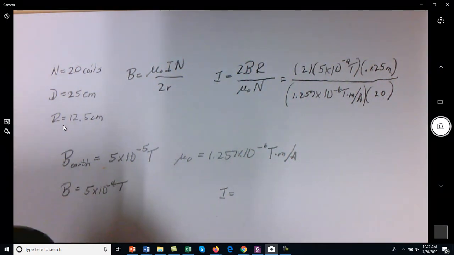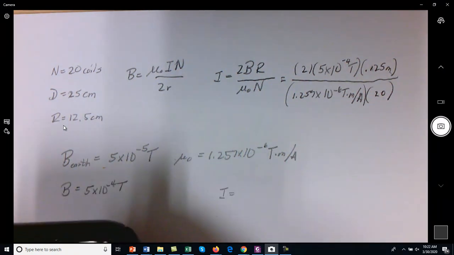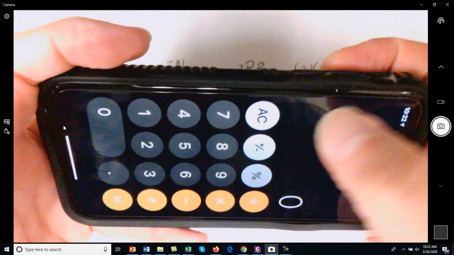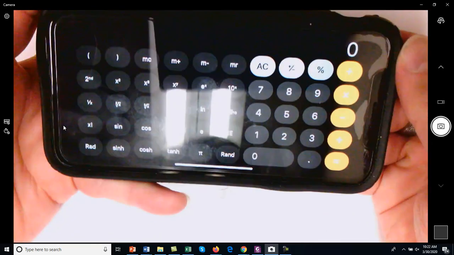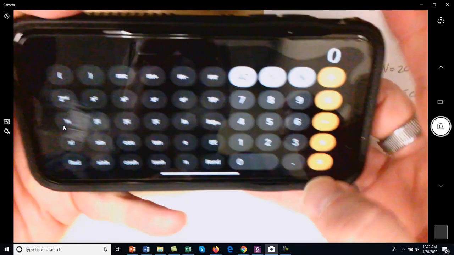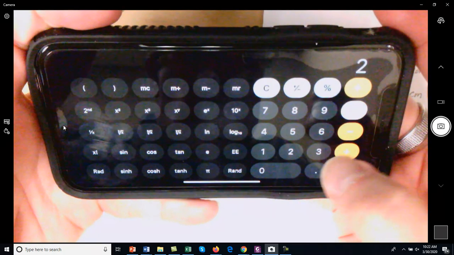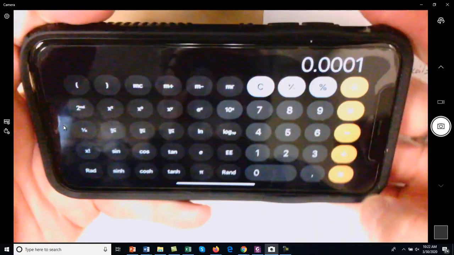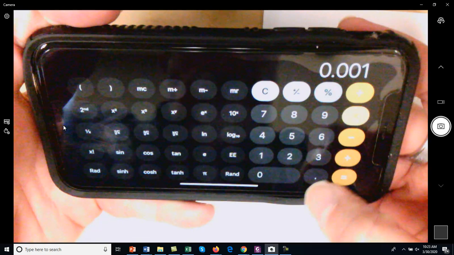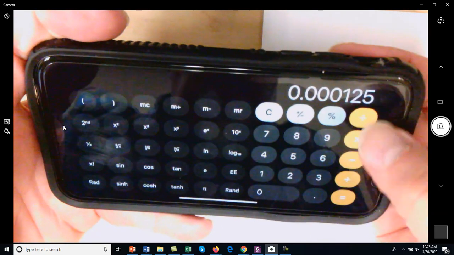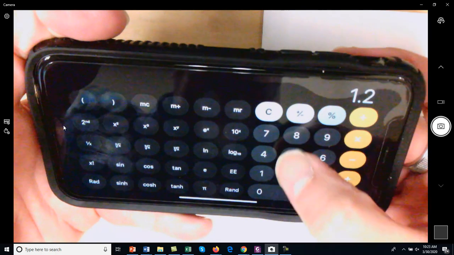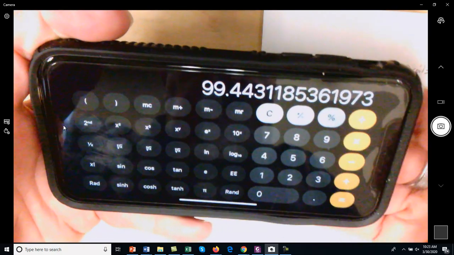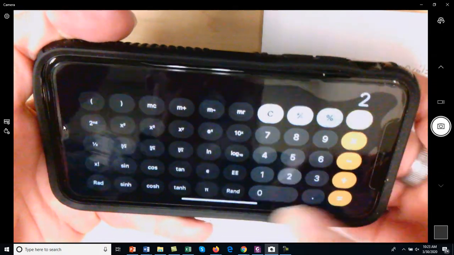I take 2 times 5 times 10 to the negative 4, times 0.125 meters, divided by 1.257 times 10 to the negative 6, divided by 20.